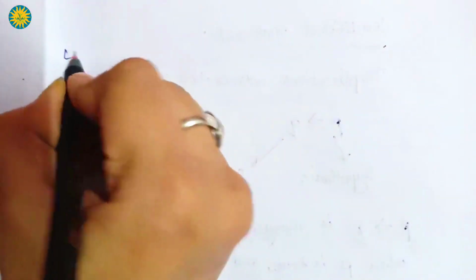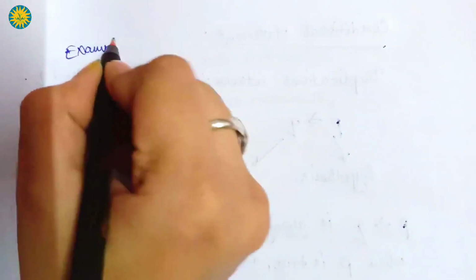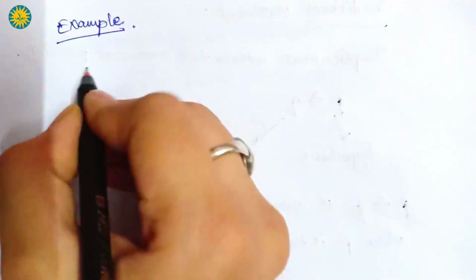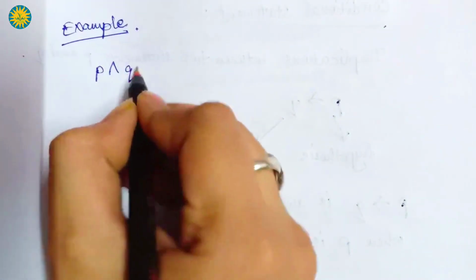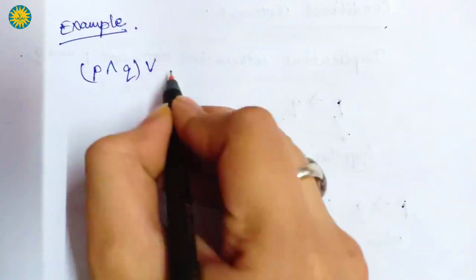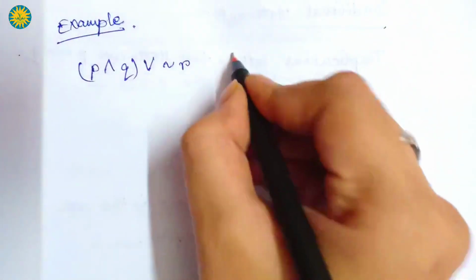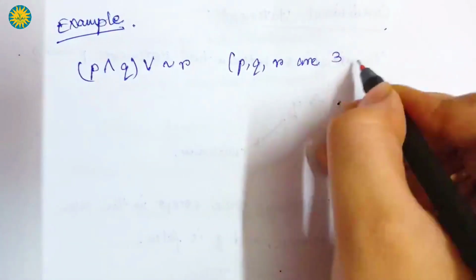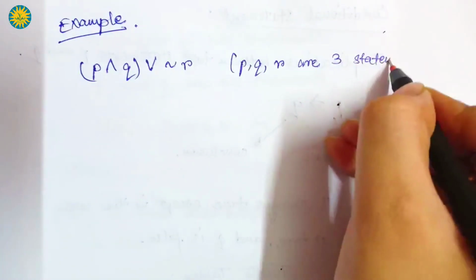Let's look at an example. We need to draw a truth table for P and Q or not R. Here P, Q and R are three statements.